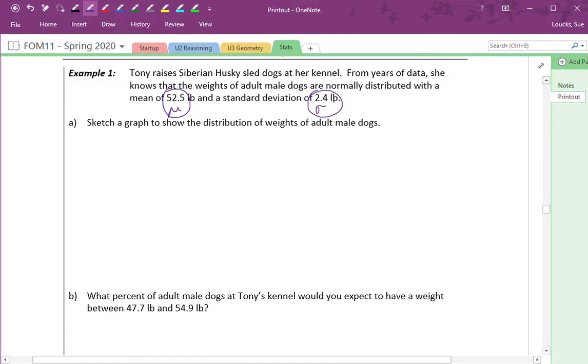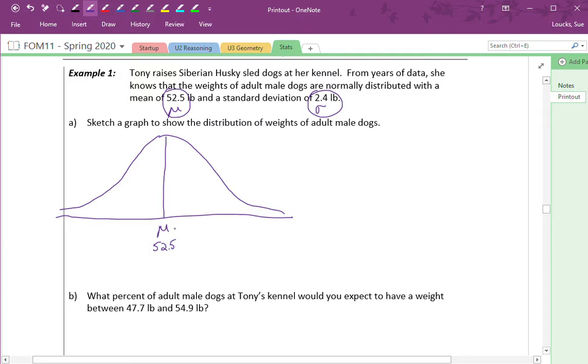And I have no idea what the graph of this would look like. I do know that it's going to have, and leave some space here because we've got writing to put in after this, a straight line. And it's going to look sort of like a bell, kind of like this, symmetrical about a point, and the middle of this is going to be our mean, so mu, which is 52.5, right?